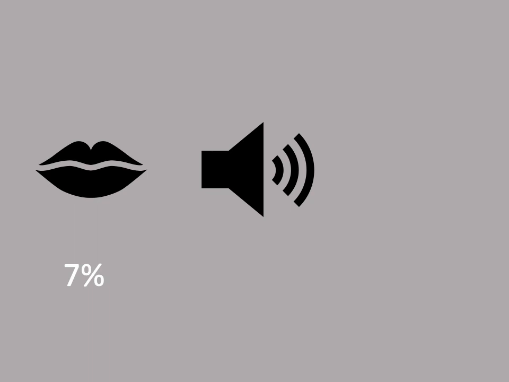Now, when we look at the words that we say, that only forms about 7% of what another person hears. And when I use the word hears, I don't mean just with their ears, but actually the way that they are interpreting what you say. The vocal stimuli provides another 38%.